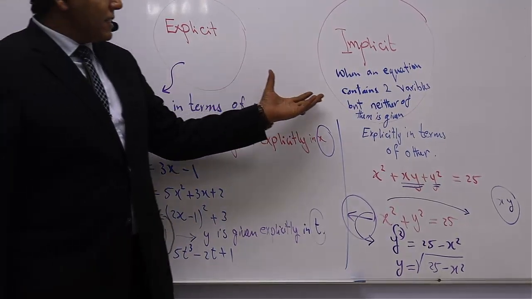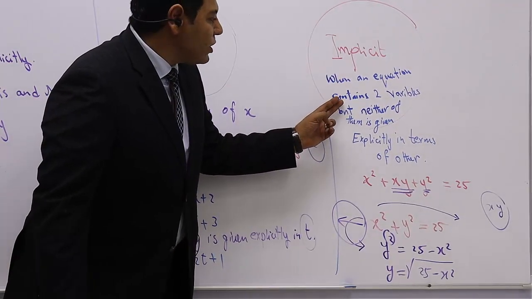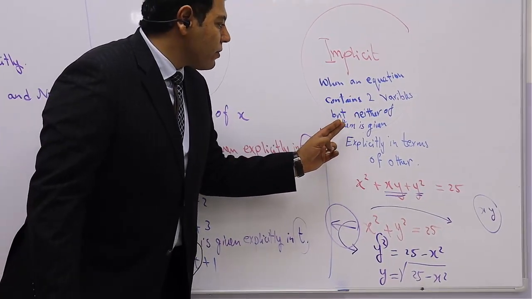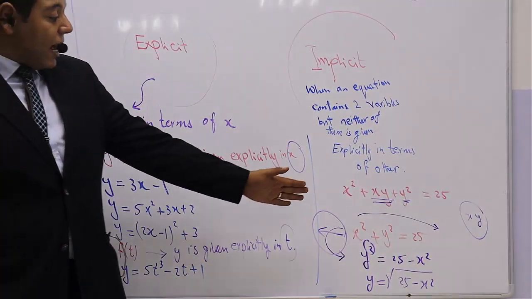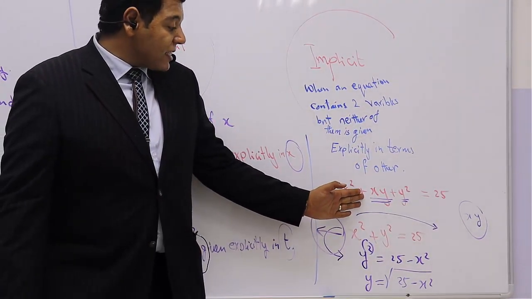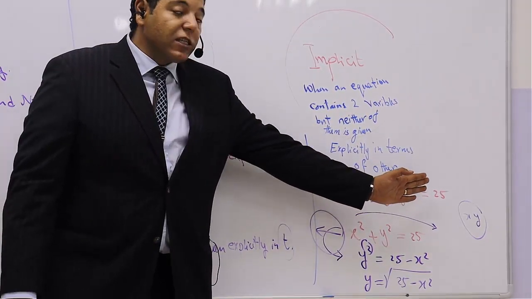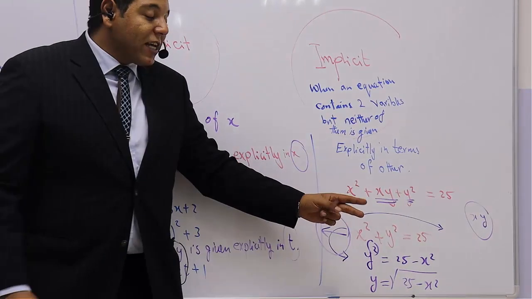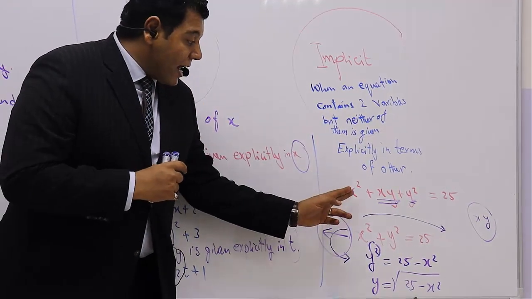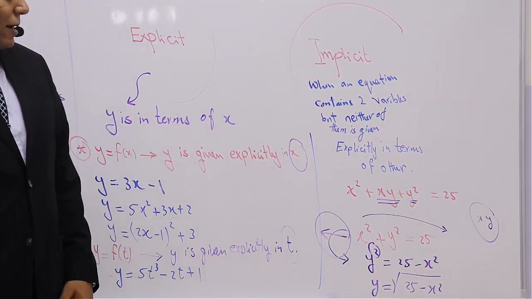What about implicit? Implicit is when an equation contains two variables, but neither of them is given explicitly in terms of the other. For example, x squared plus xy plus y squared is equal to 25. This is an implicit function; it contains x and y together, and we cannot make either one the subject.